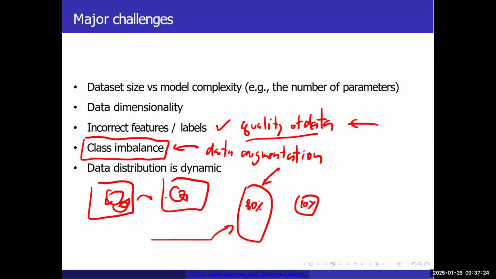You flip the image of the bird, so now you have two data points with the same label. So this is data augmentation. So for the class that you don't have many images of, you can just do this. You can also rotate by 1 or 2 degrees, and then you have 300 more images if you rotate all the way. So that is how you fight class imbalance, by using data augmentation.